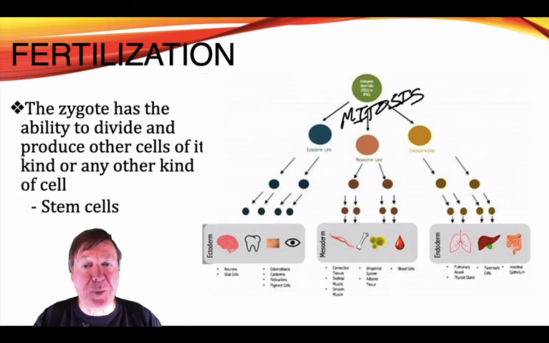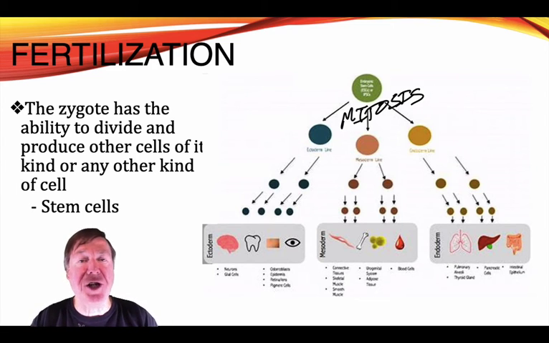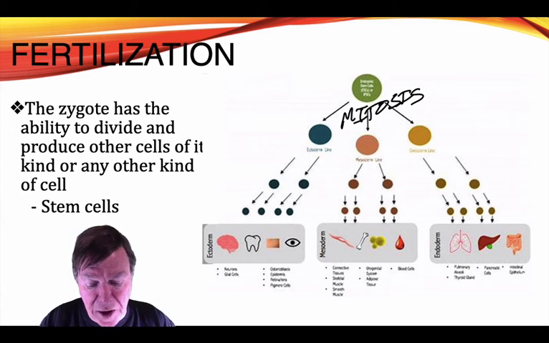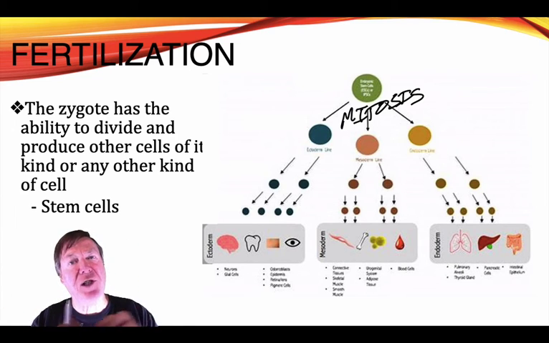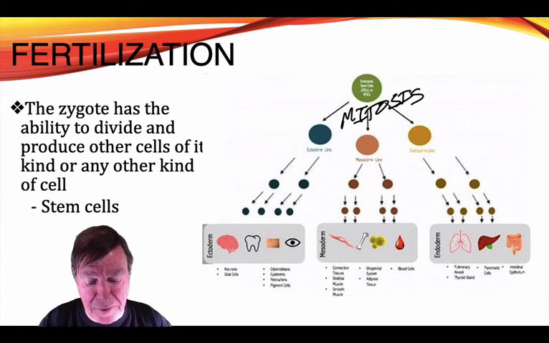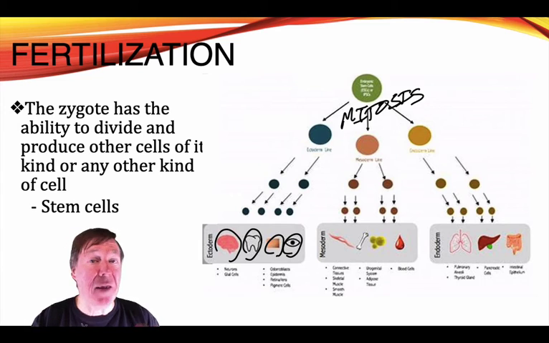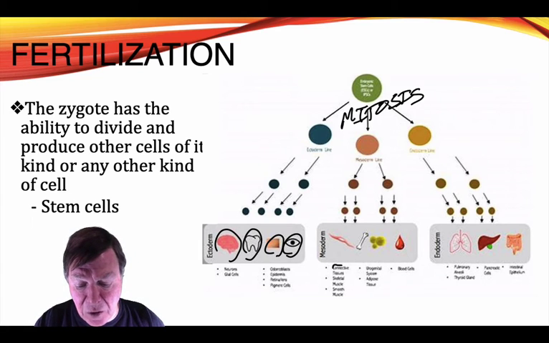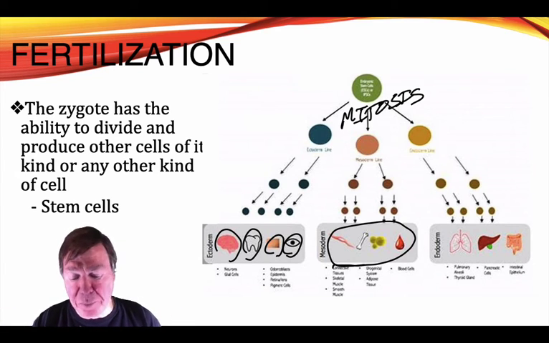Mitosis. That cell is going to split, and it's going to become different parts of the body. If you were to take embryology, the study of early development of embryos, you would learn that you're going to have different cell layers. One layer is going to be the brain, the nervous system, the dermis, the skin, the eyes. Another layer is going to become muscle cells, blood, things like that.